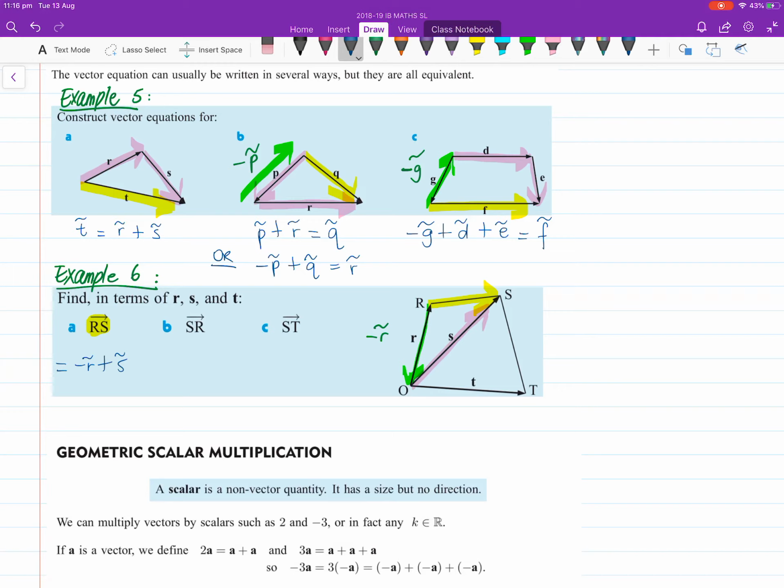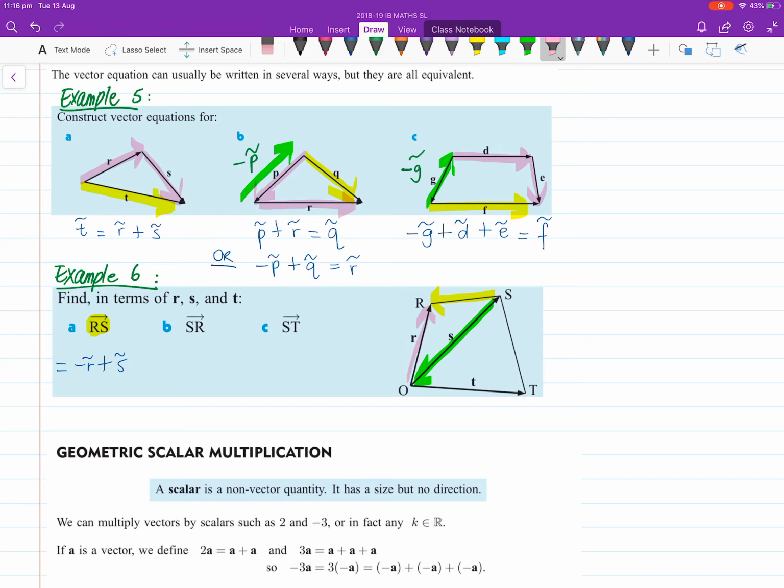And then this time we want SR. So if I rub that out, and this time I want S to R, we have to think about which way the vectors have to add up. So for this one, if I went from S to R, I would want that one to go that way, and then that one to go that way.